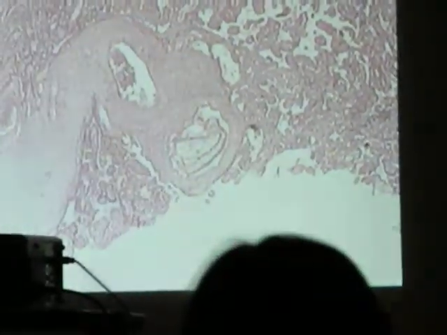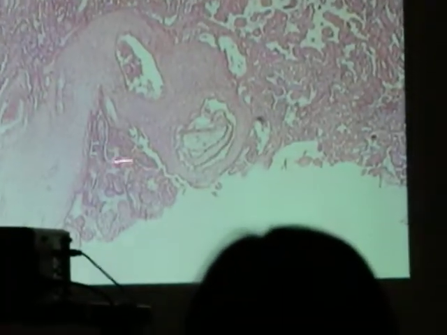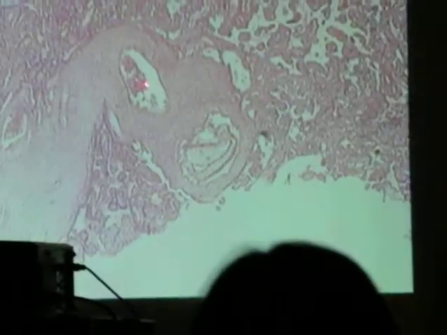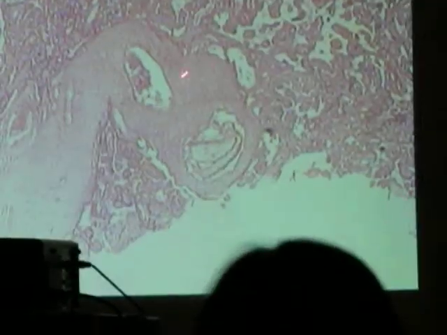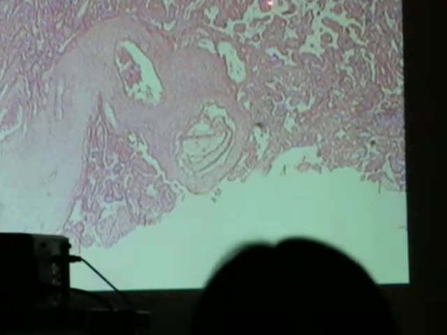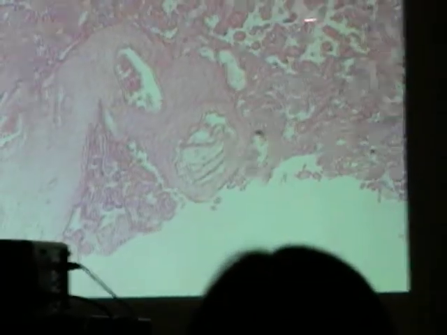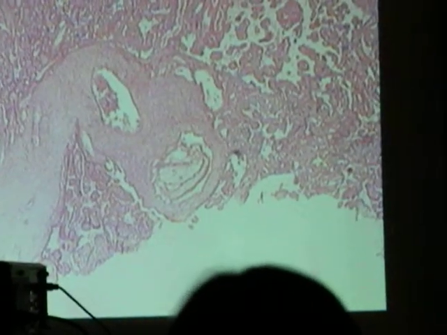Right there. Again, the larger one is the villi, fetal blood vessel, and the intervillous space will be out here. All that white section. So yeah, this one really doesn't look like anything else, so that's a good thing.